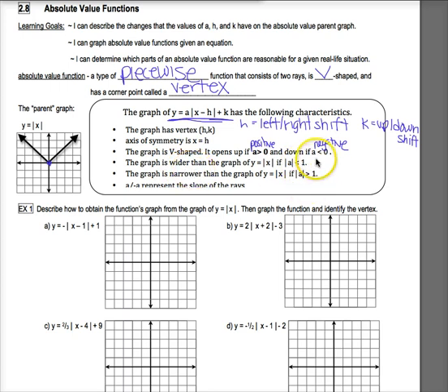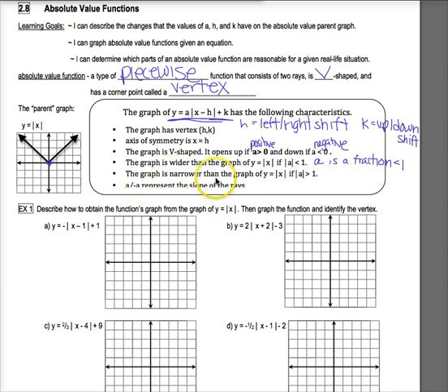That basically means that if the value of A is a fraction or decimal that is less than 1. So not a fraction like 3/2 because that's bigger than 1. That's 1.5. So something between 0 and 1, if it's a fraction, it's going to make your graph wider. It's going to make it fatter.